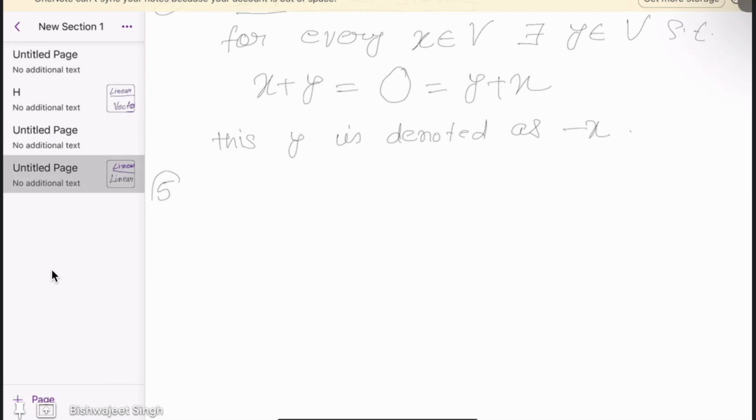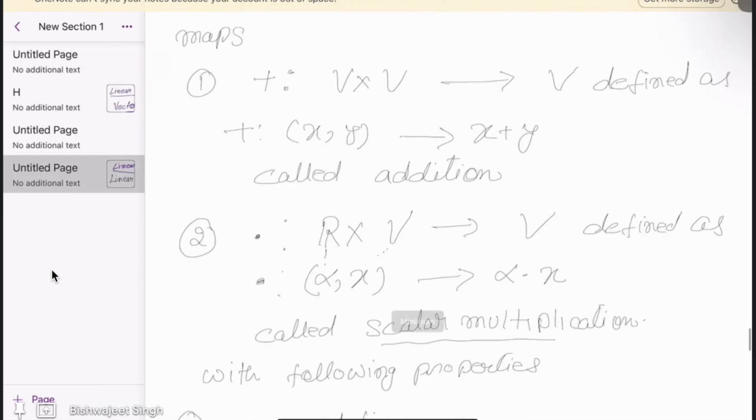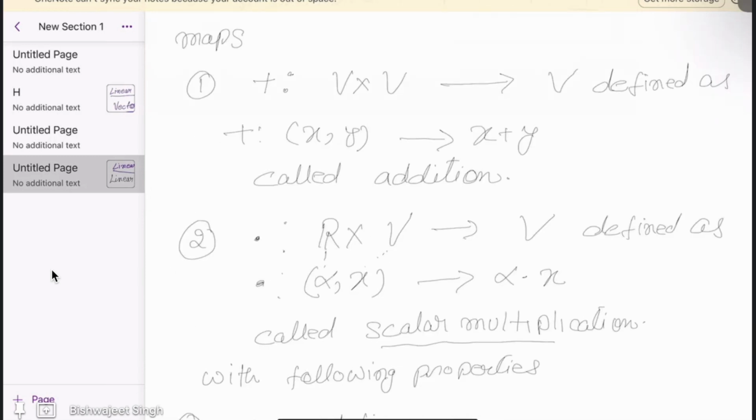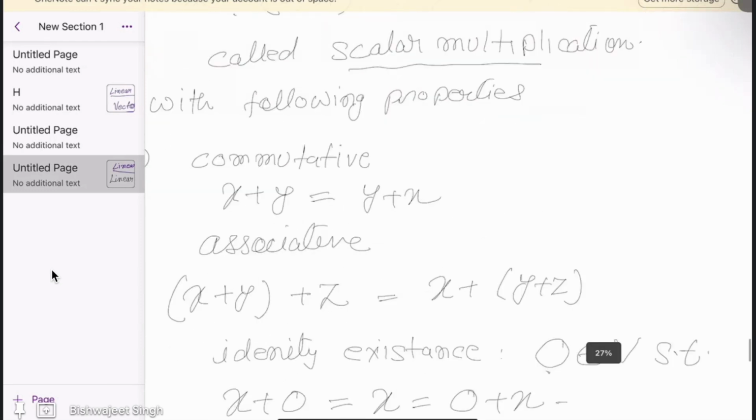Then number 5. So these 4 properties are with respect to which operation? With respect to the addition operation, right? So right now we have used just this operation, but we have defined one more operation, that is the scalar multiplication, this one. And now with respect to this operation, we are going to define some more properties.